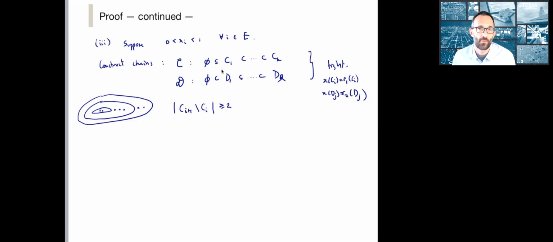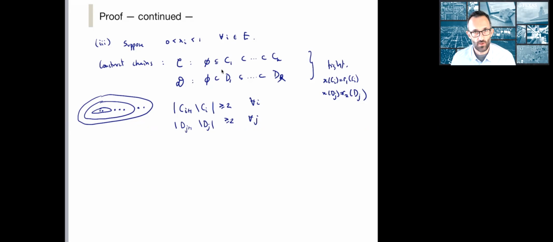And that could only happen if x3 were either 0 or 1, which we have ruled out. So we know that there are at least 2, possibly more, elements in each one of these, what we've called increment sets, for all I. And similarly, dj plus 1 minus dj also has to be at least 2 for every j.